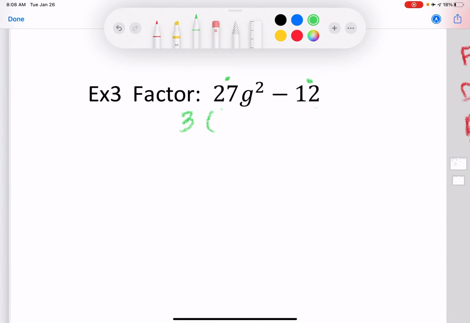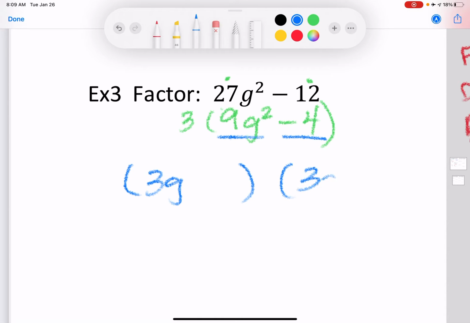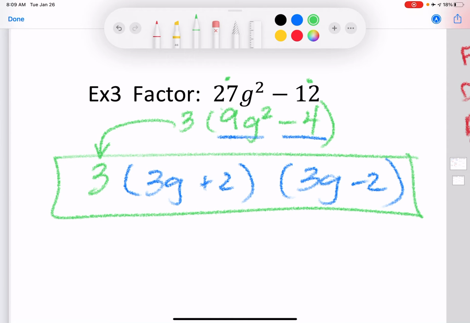So when I pull out that GCF of 3, I get 9g squared minus 4. And now each of these are perfect squares. So I can set mine up as 3g, because that's the square root of 9g squared, and then the square root of 4. And don't forget to bring your GCF on down, and that is your final answer.